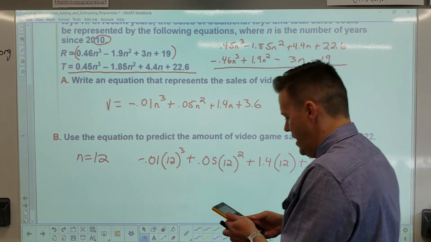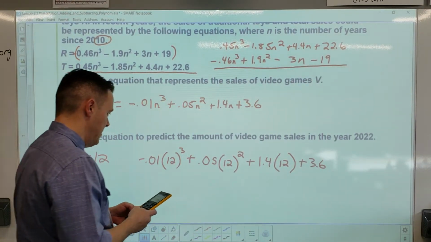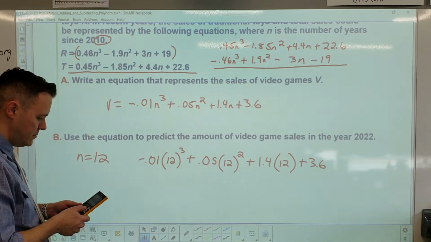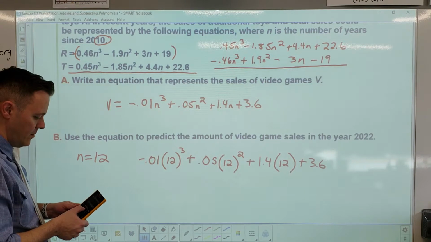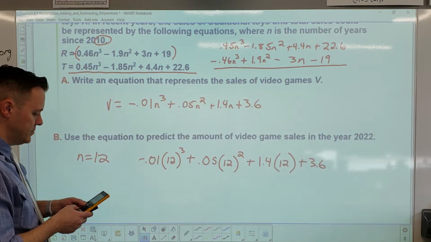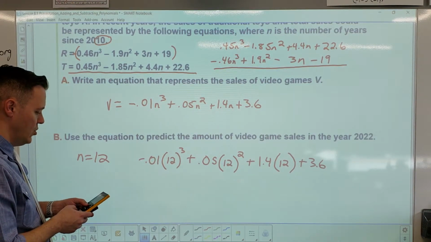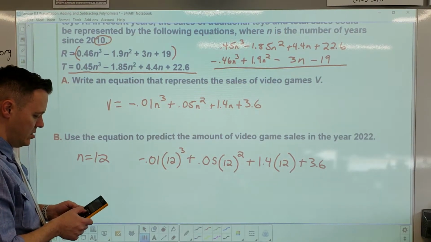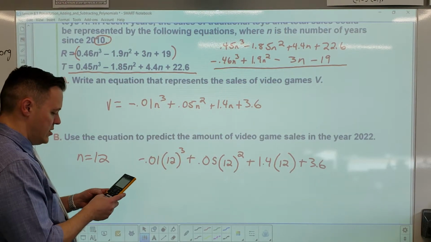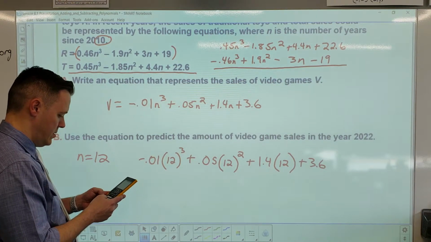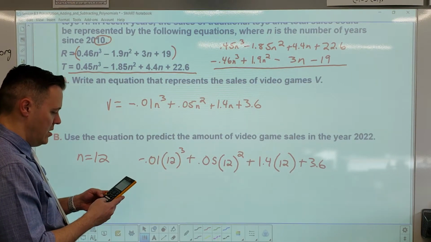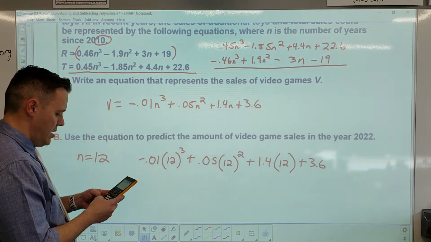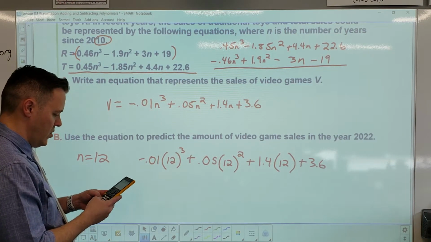So, for example, if I go to my calculator here, the struggle is real with it. All right, 12 to the power of 3. Okay, and then I multiply that by negative 0.01.